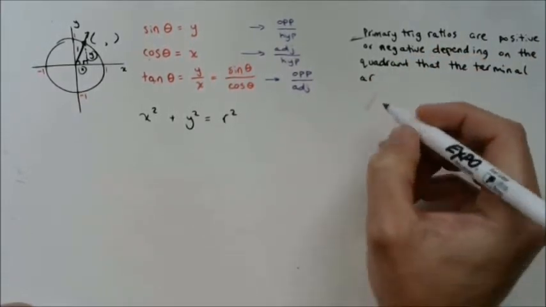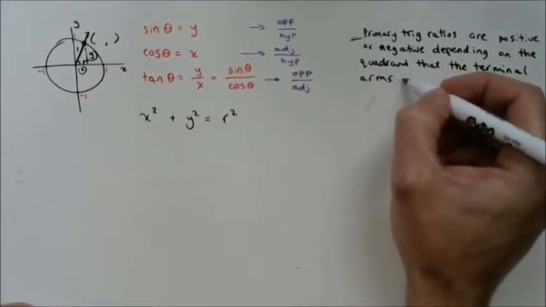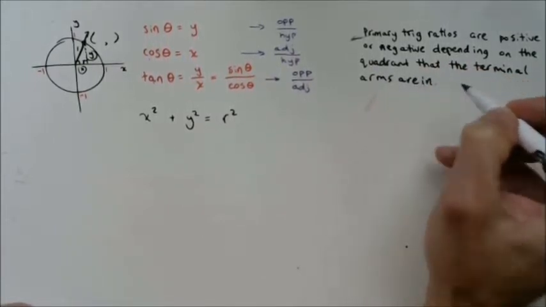Primary trig ratios are positive or negative depending on the quadrant that the terminal arms are in.